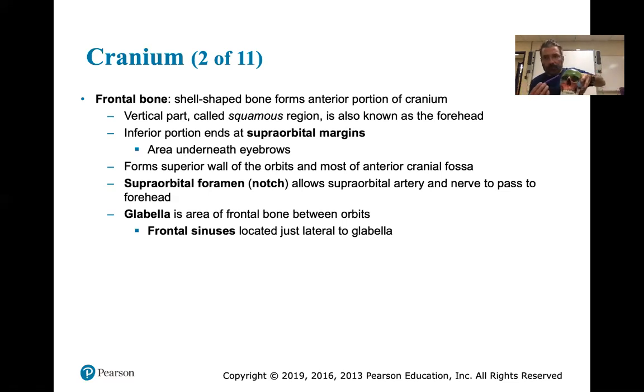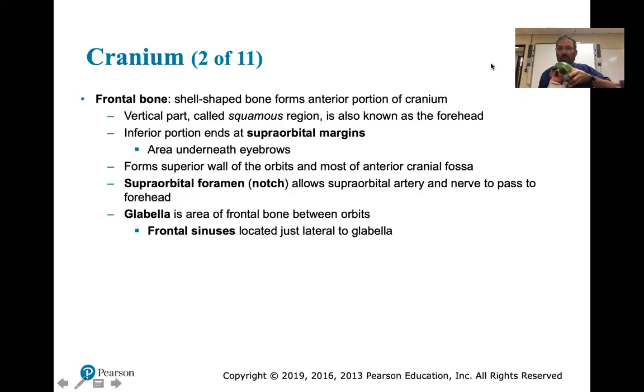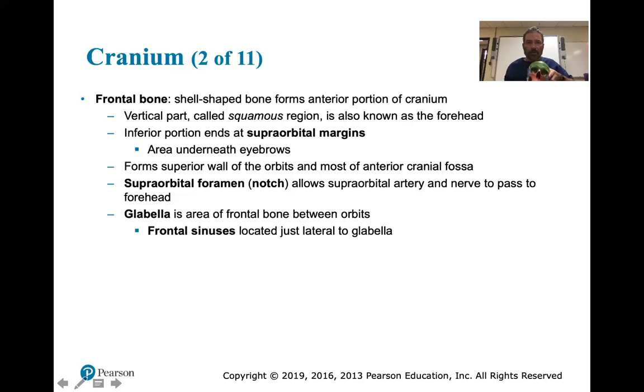So there's your orbital. So supraorbital would be above the eye. Area underneath the eyebrow forms the superior wall of the orbits and most of the anterior cranial fossa. Right, so anterior. Right. So the supraorbital foramen allows the supraorbital artery and nerve to pass through the forehead.